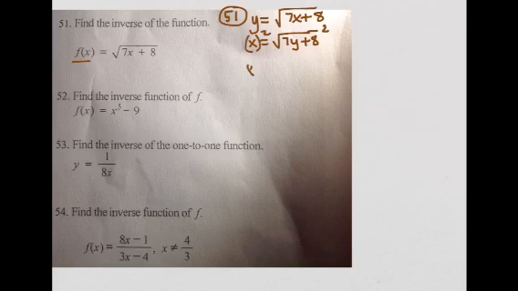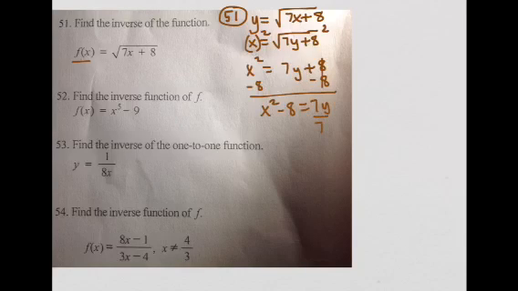And so I get x squared equals 7y plus 8. So then I subtract 8. So I get x squared minus 8 equals 7y. Then I'm going to divide by 7. And so now I have y by itself, right?